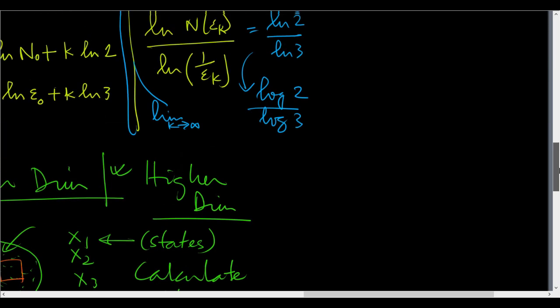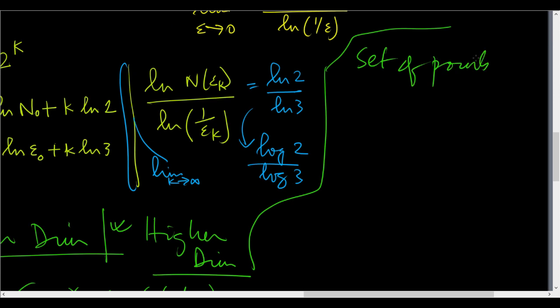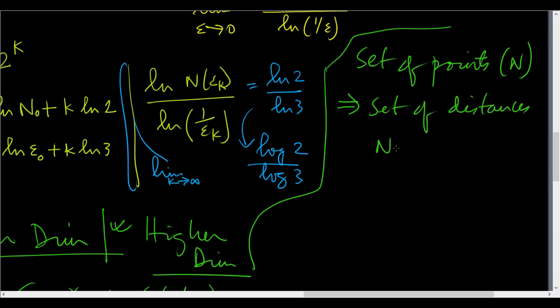So a set of n points leads to a set of distances, which is n choose 2, or n times n minus 1 by 2. This is sometimes written like this. So almost n squared by 2 distances.